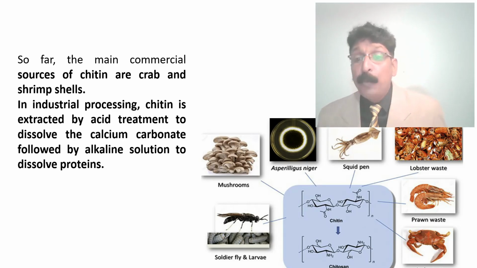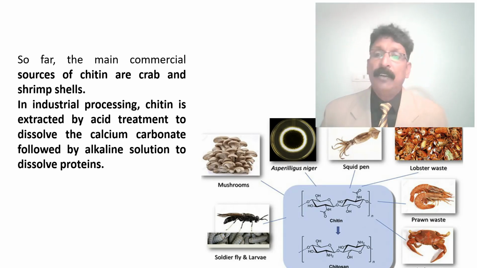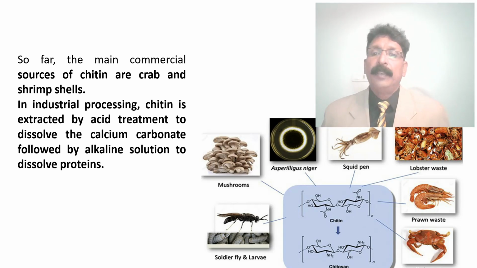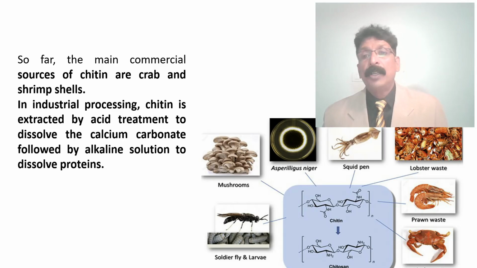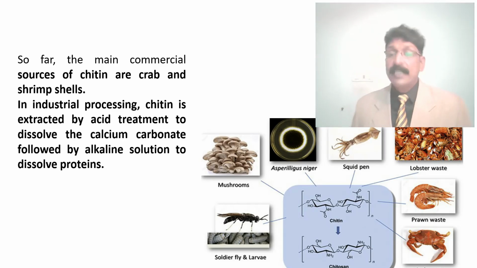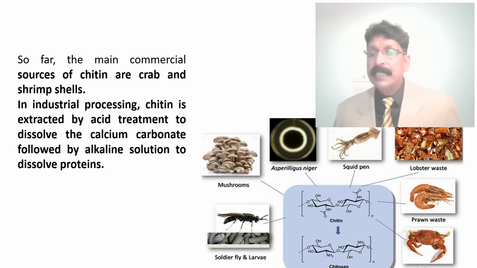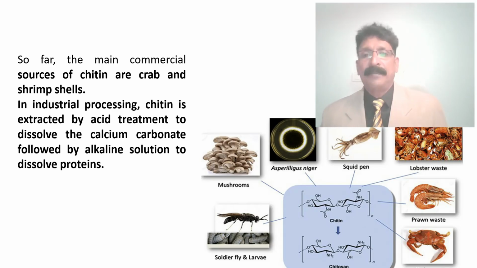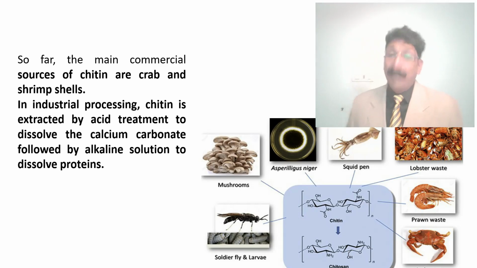An amine group is there, chitosan. From chitin it is formed by deacetylation. It is found in mushrooms, Aspergillus niger, squid pen, lobster waste, oyster shells, prawn waste, crab waste. The shells contain this chitin, and chitin is converted into chitosan.